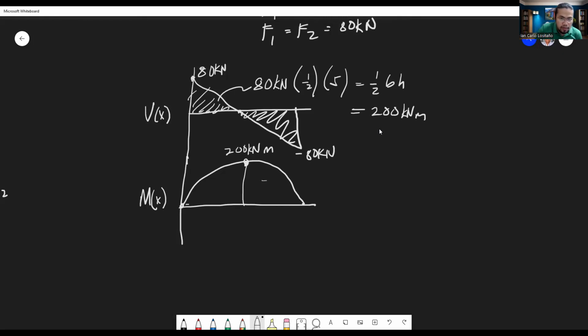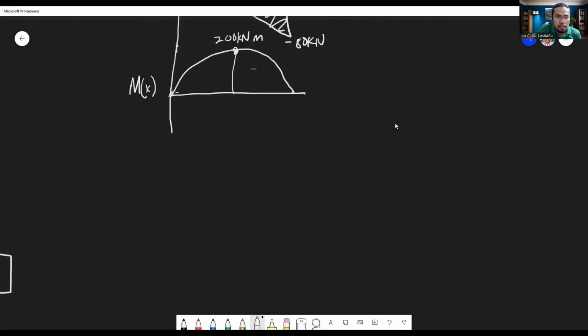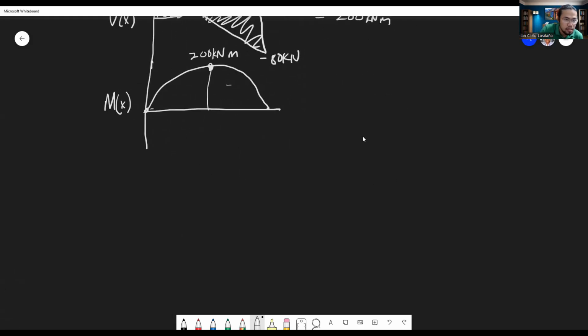And we solve for S. The S is going to be 200 kilonewton meters all over 120 times 10 to the 6th pascal.